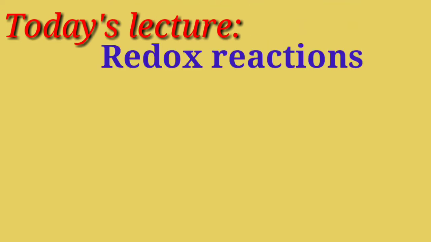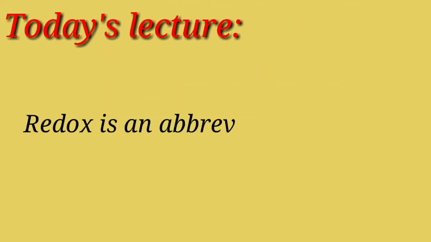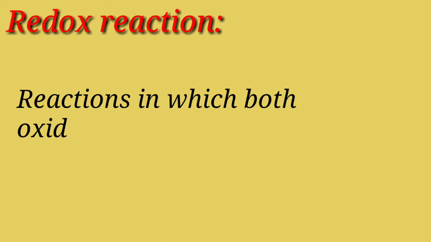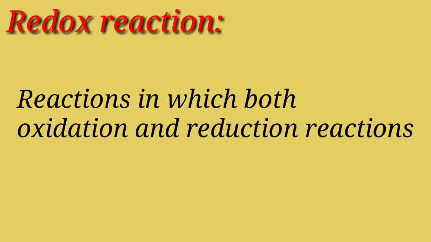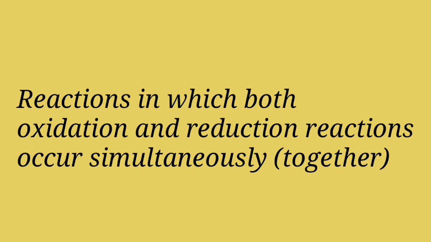In today's lecture, we are going to study about redox reactions. Redox is an abbreviation of reduction and oxidation. The reactions in which both oxidation and reduction reactions occur simultaneously, that is together, are called redox reactions.